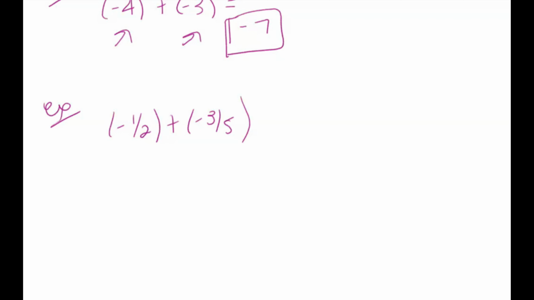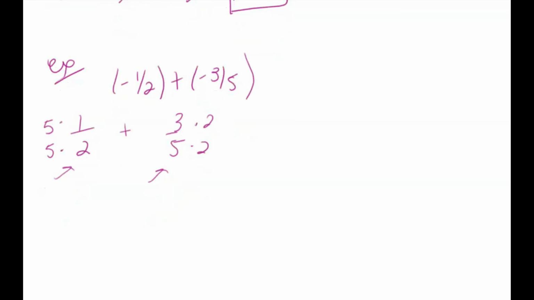I'm going to ignore the negatives for a minute, and just pull out that 1/2 and the 3/5, because remember, I have different denominators. So now I have to give them the same denominator before I can add them. And of course, the first thing that 2 and 5 go into is 10. And so I'm going to have to multiply top and bottom over here by 5 in order to get 10 in my denominator. And top and bottom by 2 over here to get 10 in my denominator.